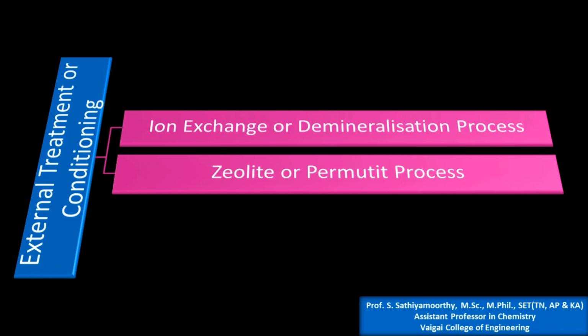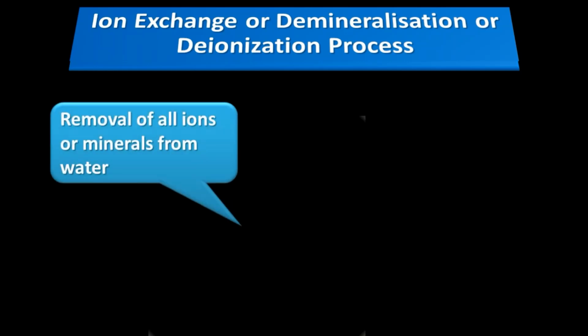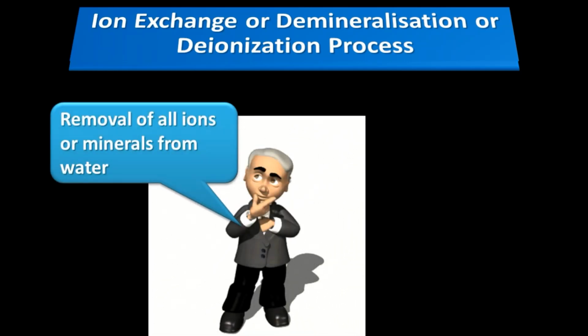We are going to discuss these two processes in detail. Today we are going to discuss the ion exchange or demineralization process, what it is, what the process is, and what the advantages and disadvantages are, everything we are going to discuss.